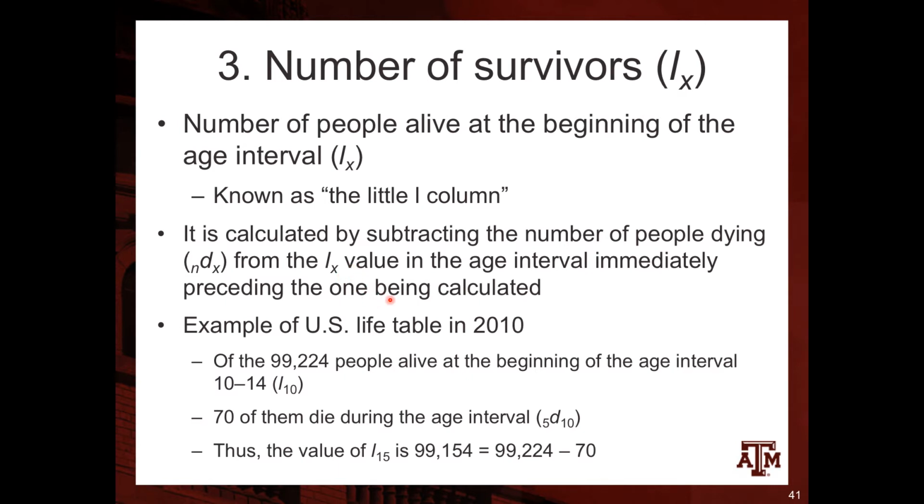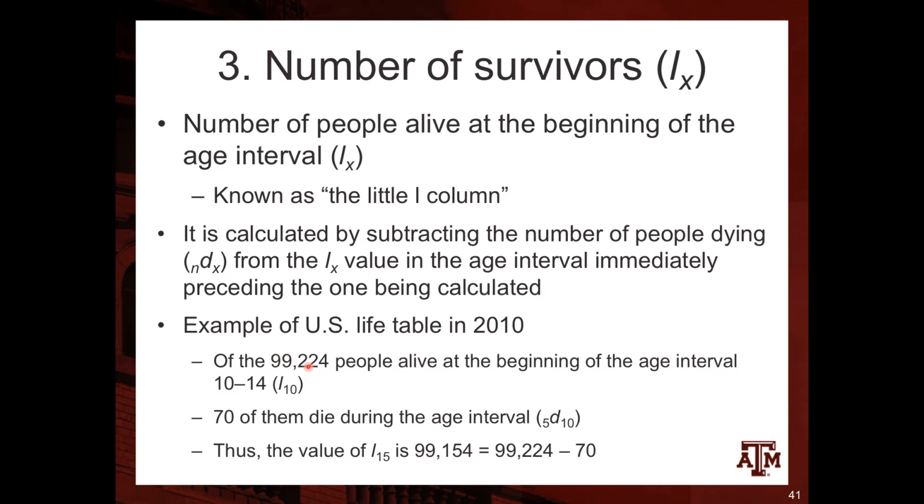So for the US, the example of the life table in 2010, of the 99,224 people alive at the beginning of the age interval 10 to 14, 70 of them die during the age interval that goes from 10 to 14. Thus, the number of people surviving to exact age 15 is 99,154.